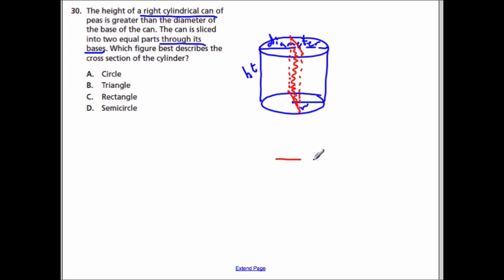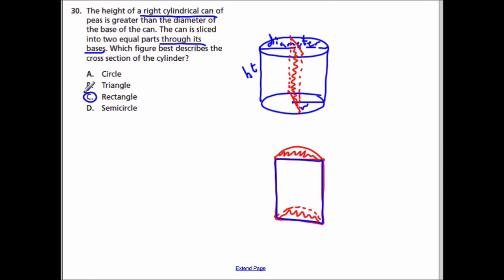Pretend you broke that can open, and it would look something like that, where this is the top and this is the bottom. What kind of shape does that leave you with? It leaves you with a rectangle. So a rectangle, or C, is our best answer for that one.